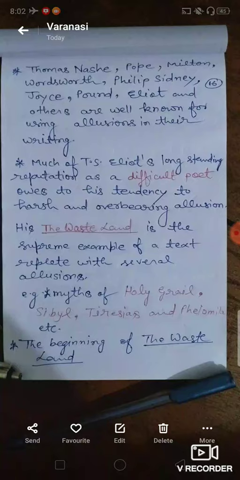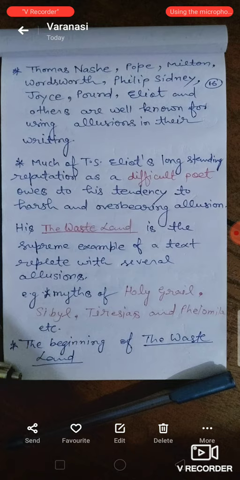When we talk of some of the great writers who used allusion very well in their writings, in the Elizabethan era we have Thomas Nash, then Alexander Pope, we talked about him, John Milton, in his Paradise Lost, in his Paradise Regained, and other such works where he uses biblical allusions.